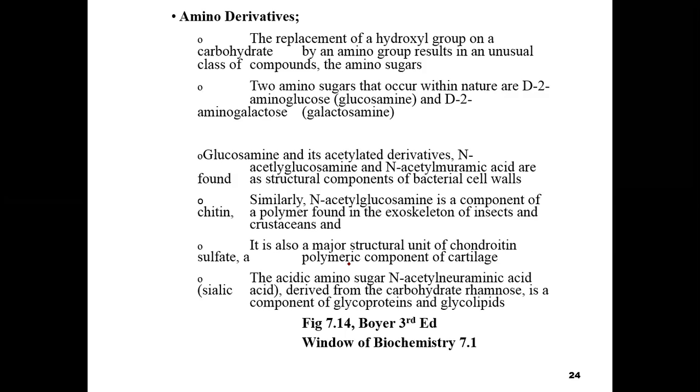The acidic amino sugar N-acetylmuramic acid, or sialic acid, is derived from the carbohydrate rhamnose and is a component of glycoproteins and glycolipids.